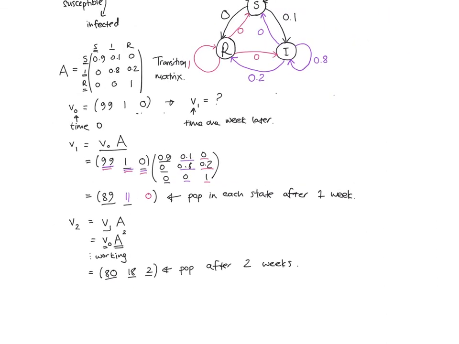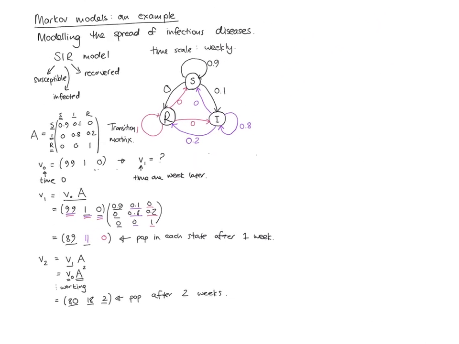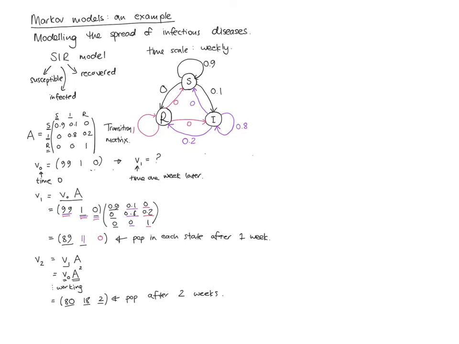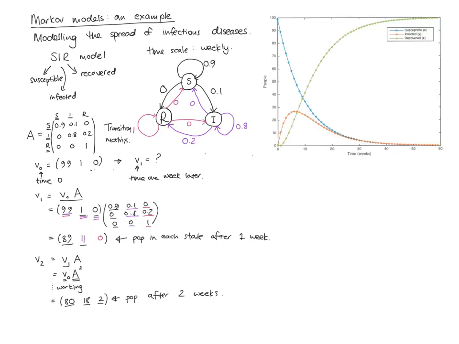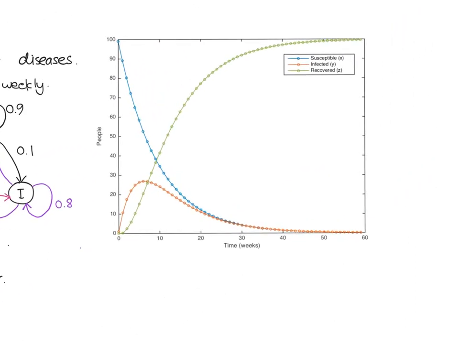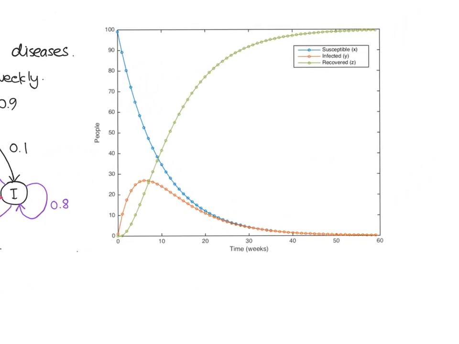Now, if we were to plot our population over time for quite a few weeks, we'd get something like this. So let's have a look at this a little more closely. Notice that I've plotted here our 3 possible states: susceptible, infected, and recovered in different colors. And you can see that at time 0, we start out with 99 of our people being susceptible, 1 infected, and no people recovered.